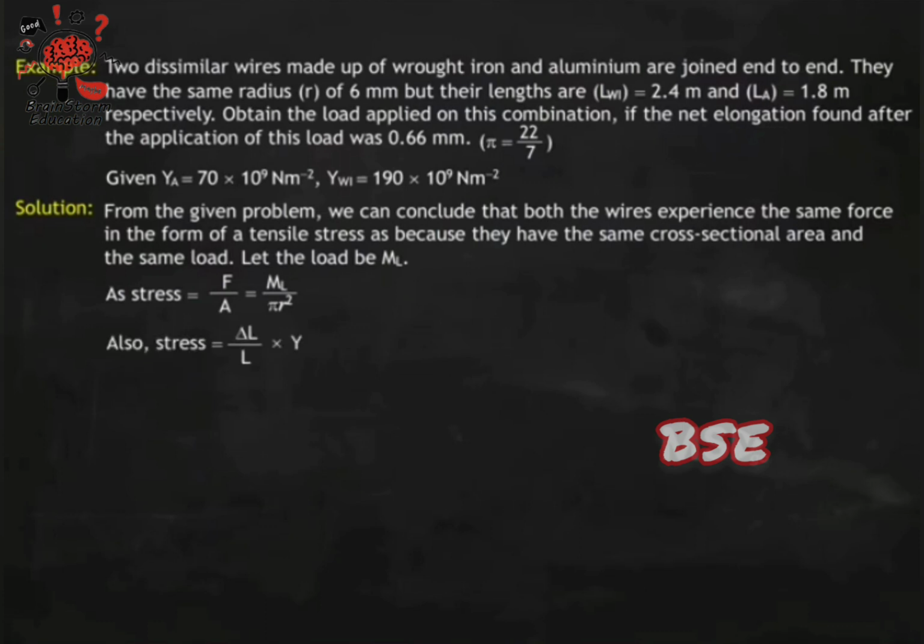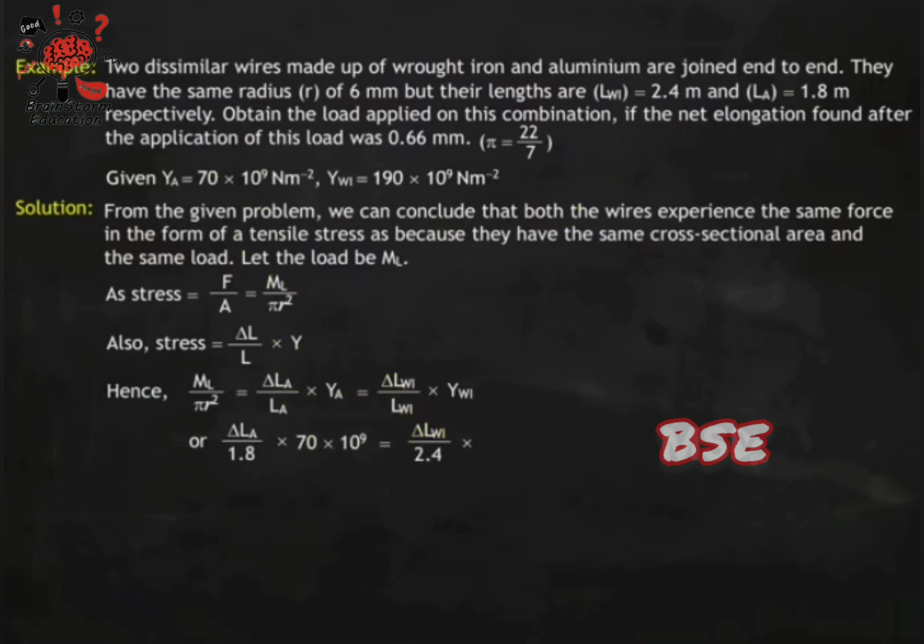Also, stress equals delta L by L into Y. Hence, ml by pi r square equals delta La by La into Ya equals delta Lwi by Lwi into Ywi, or delta La by 1.8 into 70 into 10 raised to 9 equals delta Lwi by 2.4 into 190 into 10 raised to 9, or delta La by delta Lwi equals 1.8 by 2.4 into 190 by 70 equals 3 by 4 into 19 by 7 equals 2.035.